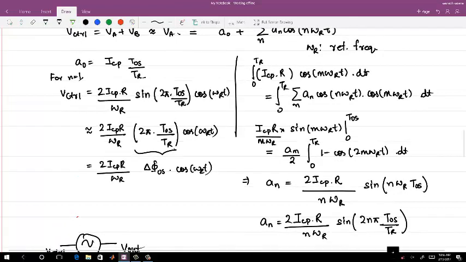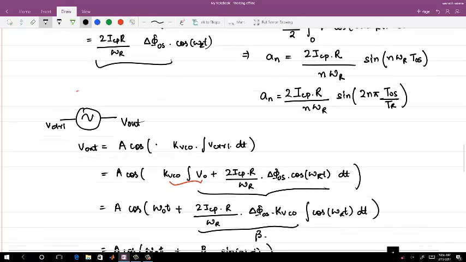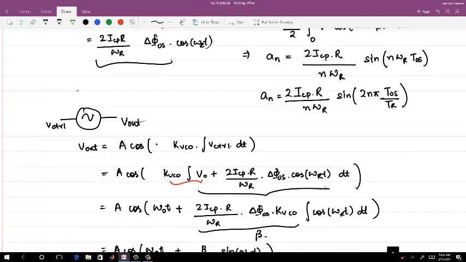So we started from here, right? This expression should be right, and I do not see anything wrong because this expression is coming from sine omega. If this goes right, then sine of theta is equal to theta, that is giving me 2 pi TOS by TR, that is delta phi offset. So this one is right. I substituted 2 ICP by omega r delta phi offset cosine of omega rt.